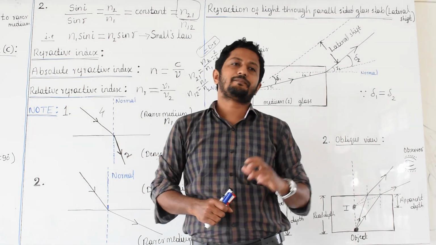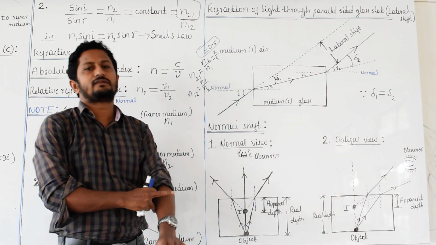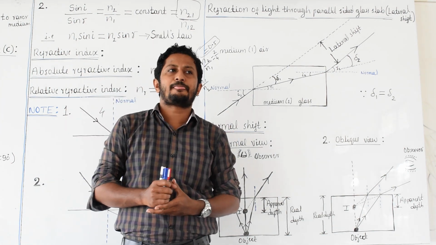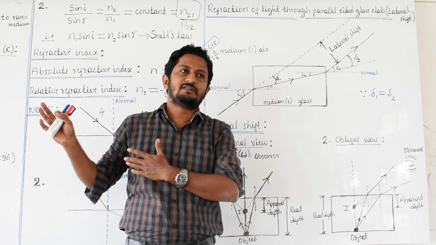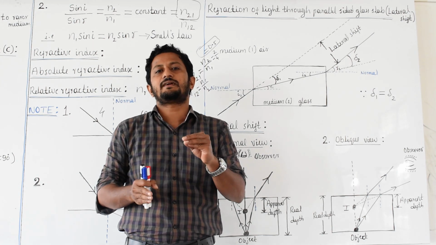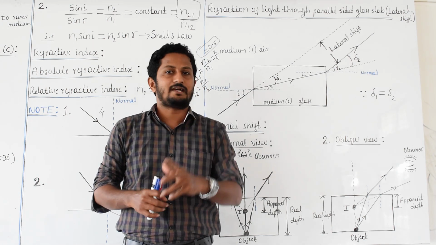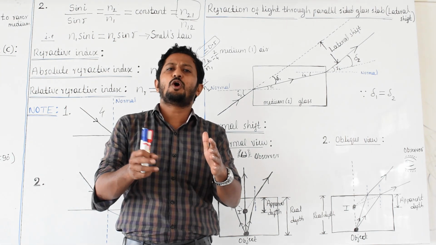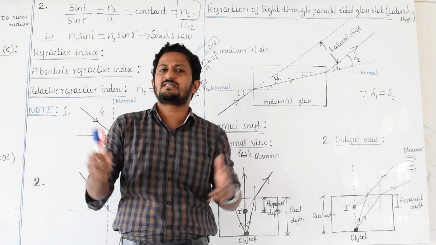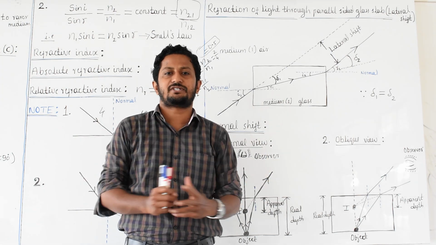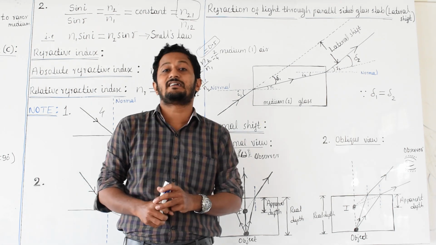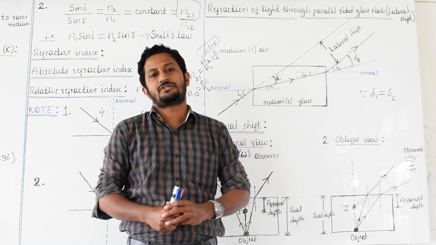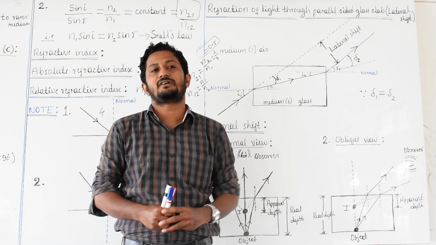Yes. After this, now we'll enter into some different phenomena, I mean property. What we discussed, refraction, is one of the important properties of light. Because of this property, a few phenomena, a few things exist in our nature because of refraction of light.